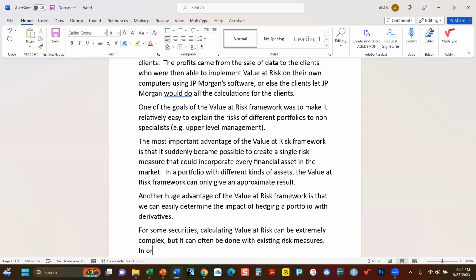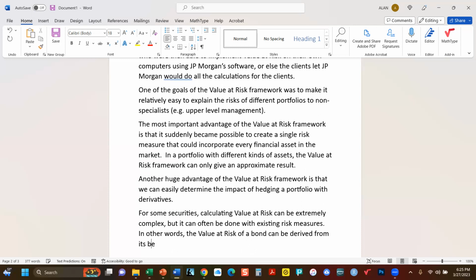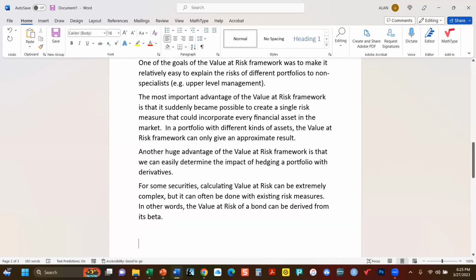So in other words, the value at risk of a bond can be computed or derived from its beta. So we still might need these existing risk measures to help us calculate the value at risk. So it's a very powerful framework.